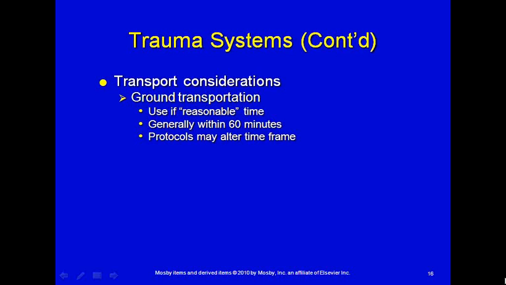And that might be a little tricky for where you're at as well. If you've got 2 level 3s sitting there and you're 10 minutes away from a level 1 or 2, and you have a patient with a time critical injury, do you cross state lines, or do you take them to the level 3 trauma care facility? Local protocols will dictate that.